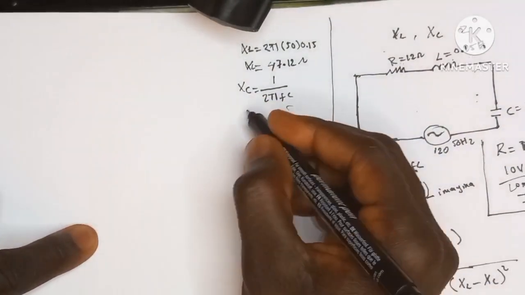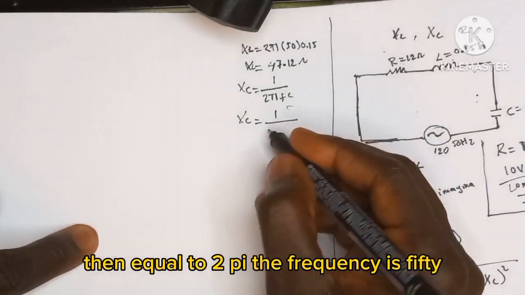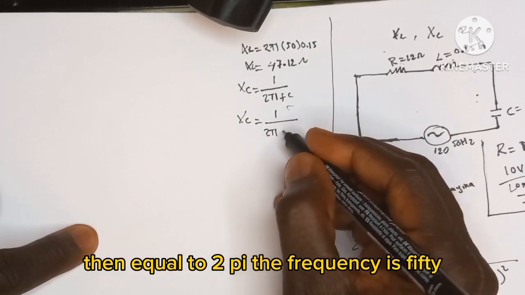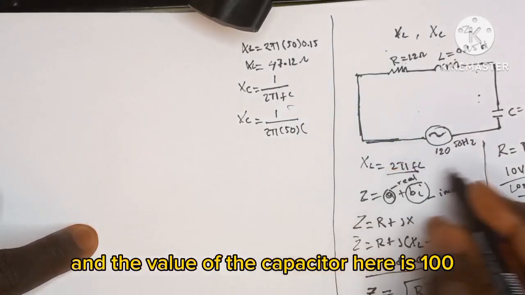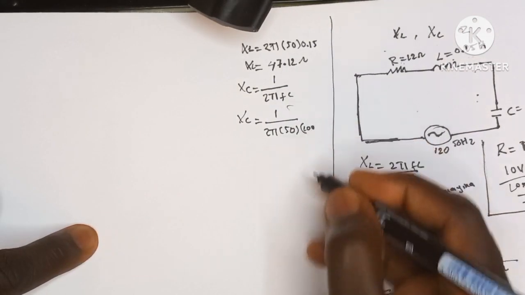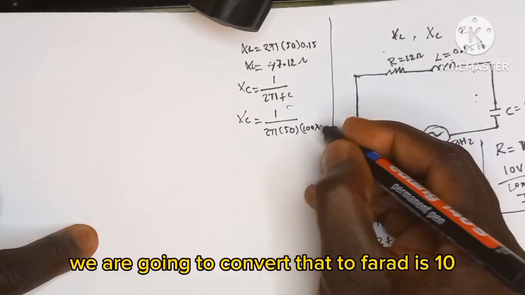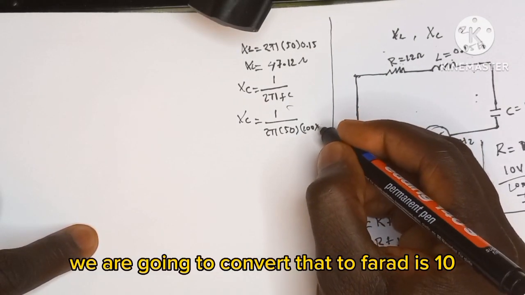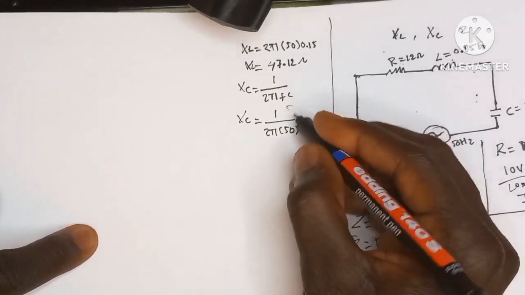So XC is then equal to 2 pi, the frequency is 50, and the value of the capacitor here is 100. Since it is microfarad, we are going to convert that to farad. That is 10 to the minus 6.